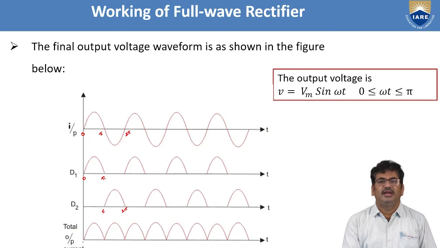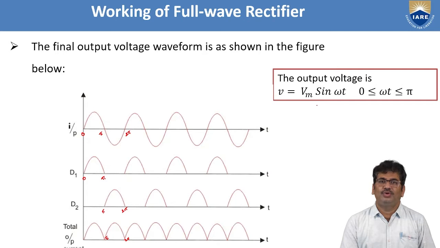So we can say the output across the full wave rectifier is from 0 to pi, pi to 2 pi, and 3 pi to 4 pi, like this. The output voltage is expressed as V equals Vm sin omega t. The output voltage is a periodic signal with a period of pi. So omega t is in the range from 0 to pi.